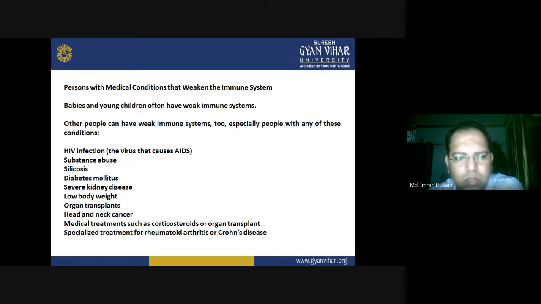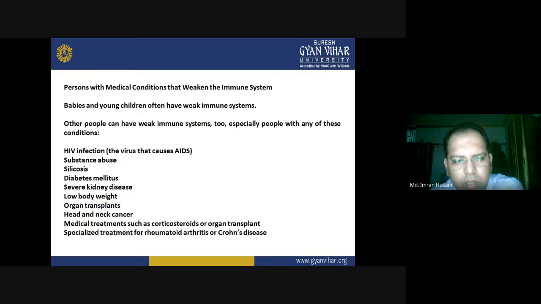Substance abuse, where the individual is addicted to alcohol or drugs. Silicosis, when the individual is working in an unsafe environment and may inhale substances that will cause silicosis of the lungs. Diabetes mellitus, when the pancreas is not working properly. Severe kidney disease of any kind. Low body weight, where the individual is underweight.